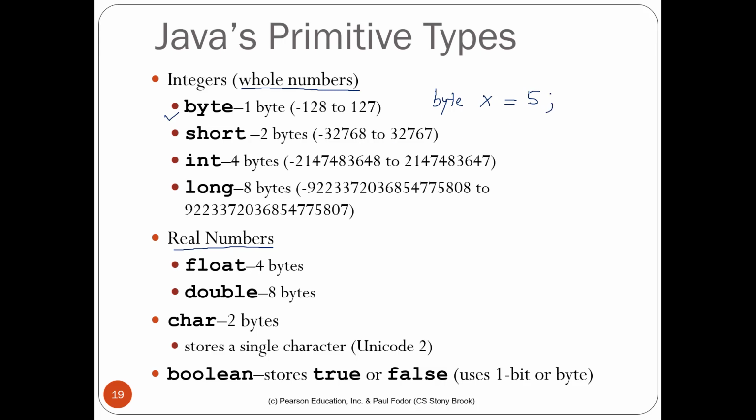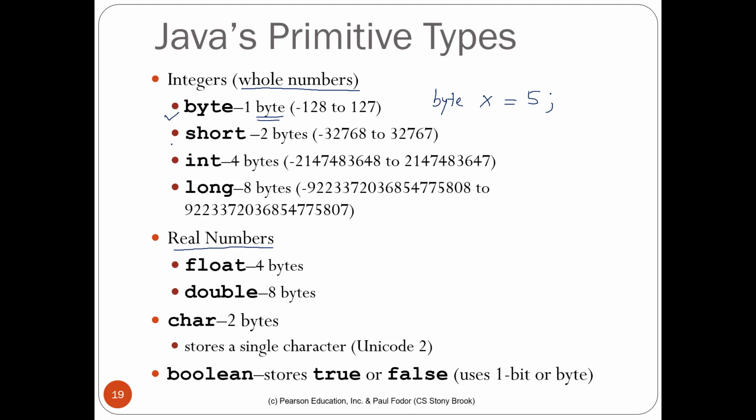This is good, 5 is between -128 and 127. If you have to store 255, then byte is probably not the way to go, because 255 is out of the scope of 1 byte. Byte is in fact 1 byte of storage, 8 bits, the smallest integer data type.